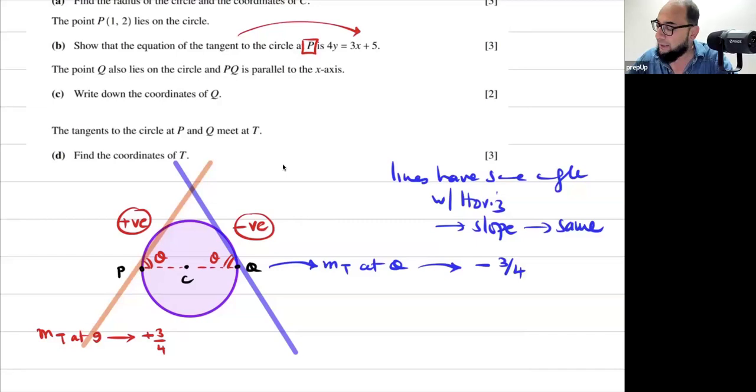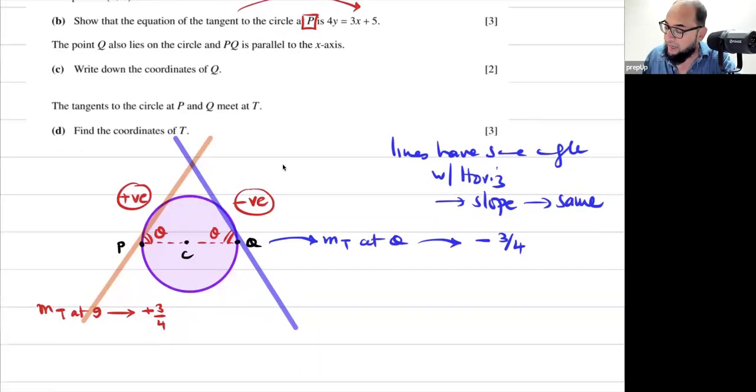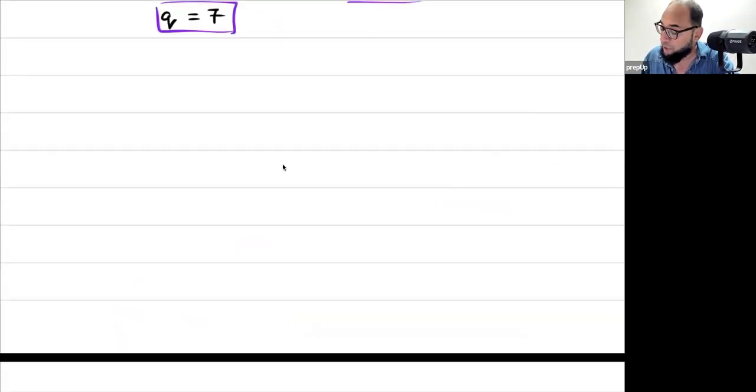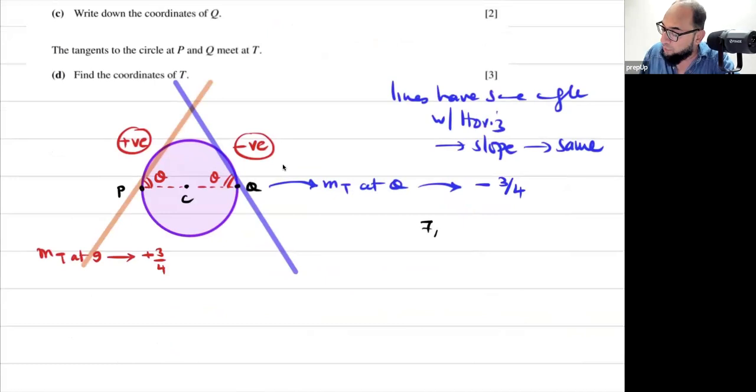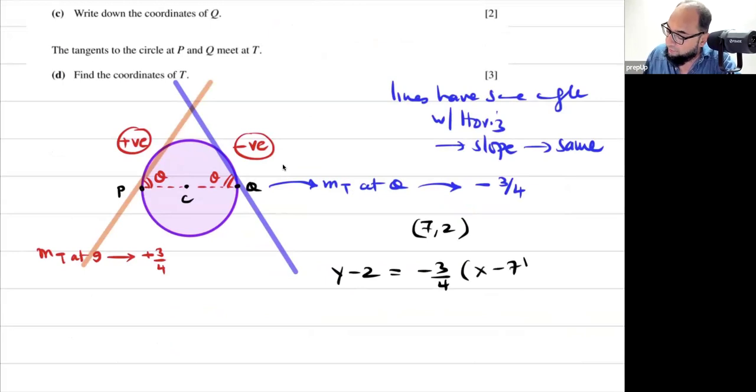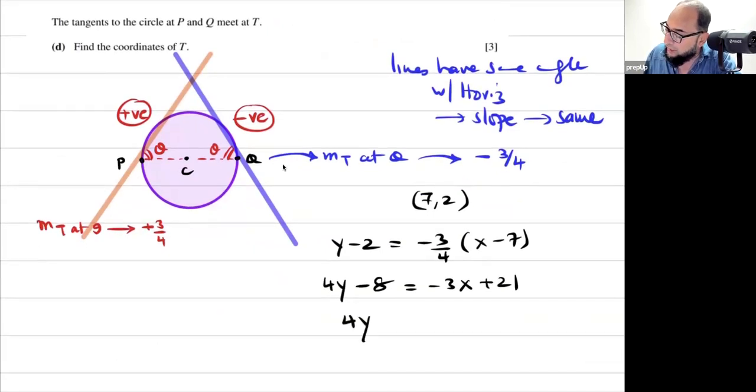Now what do I need? I have the coordinates of Q, which is (7, 2). I have the equation y minus 2 equals minus 3/4 times (x minus 7). So 4y minus 8 equals negative 3x plus 21. 4y equals negative 3x plus 21 plus 8.